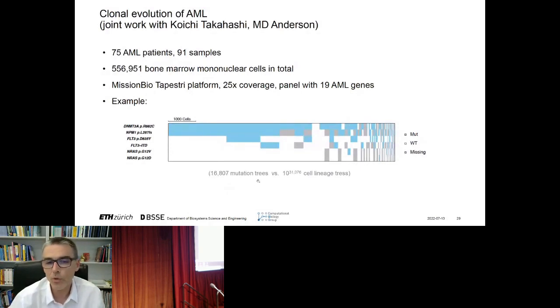So that's easy. We could even enumerate in that particular case. Whereas if you talk about the cell lineage tree, there would be a very large number of 10 to the power of 30,000 and so on. So this is clearly a situation, small number of mutations, huge number of cells, where the mutation tree is much more convenient to work with.